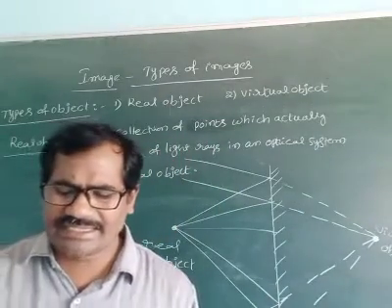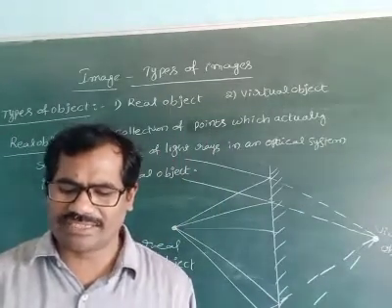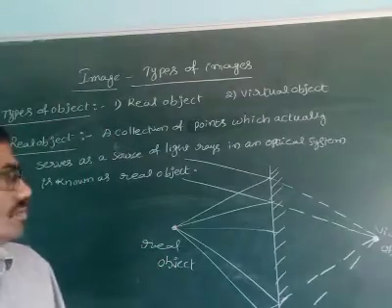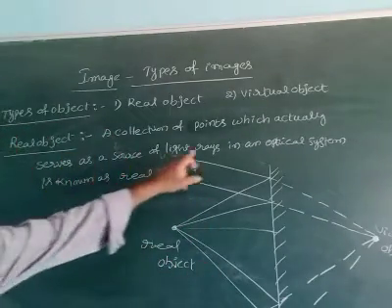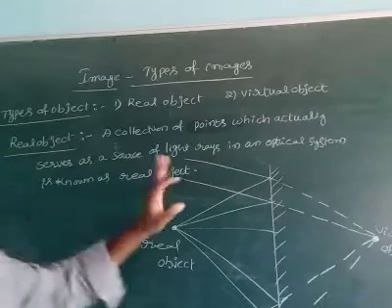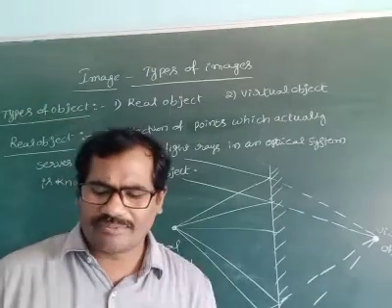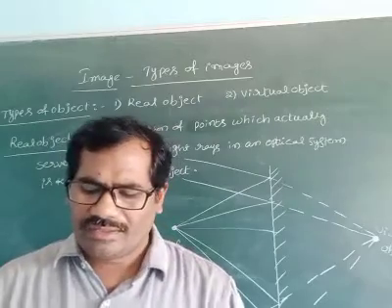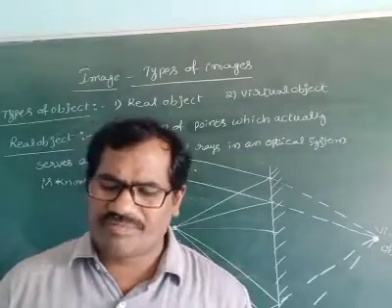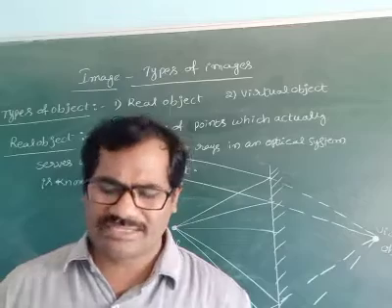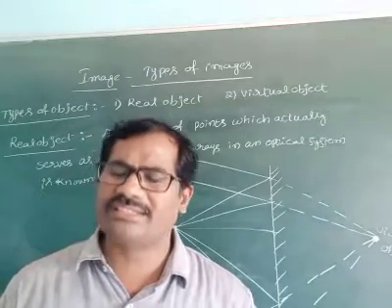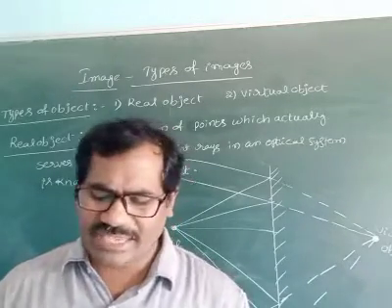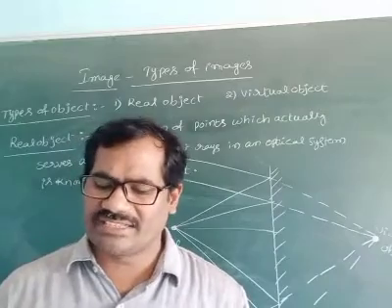A collection of points which actually serves as a source of light rays in an optical system is known as a real object. A plane mirror is the only type of mirror for which real objects always produce virtual images of the same size as the object.